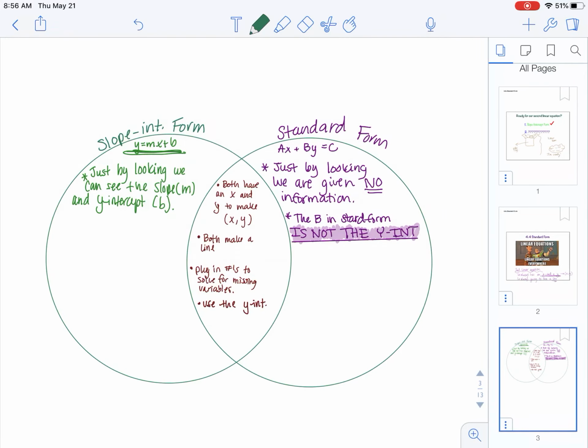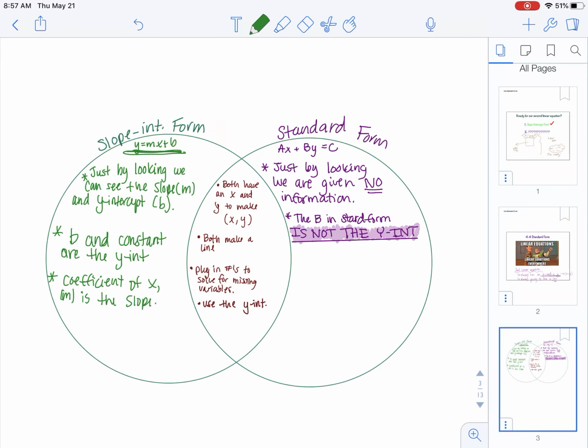So we can put in here slope-intercept form. Just by looking, you can see the slope and the y-intercept. In this one, the b and the constant are the y-intercept, and the coefficient of x, m, is the slope.